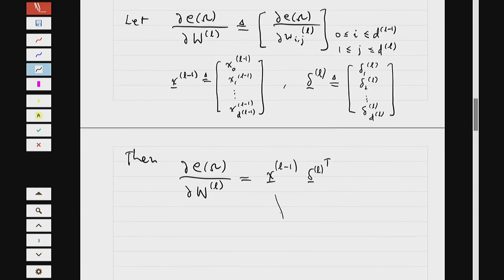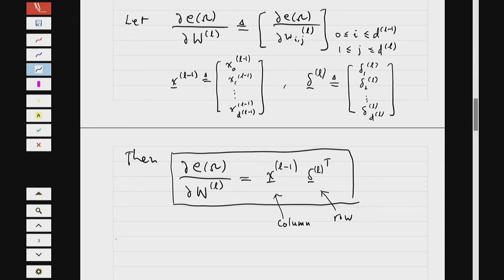Notice that this is a column vector by definition. Our convention is to use column vectors, and therefore the transpose is a row vector. From linear algebra, when you multiply a column vector by a row vector, you get a matrix. That's exactly what you want. So that is the gradient with respect to this matrix.